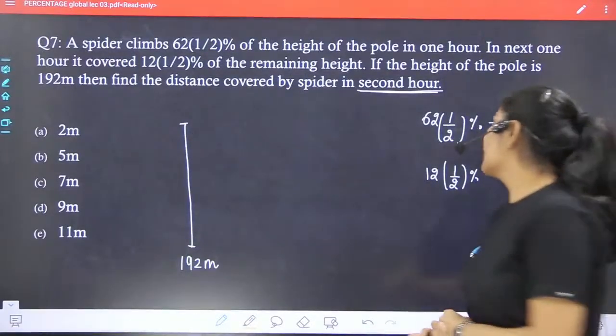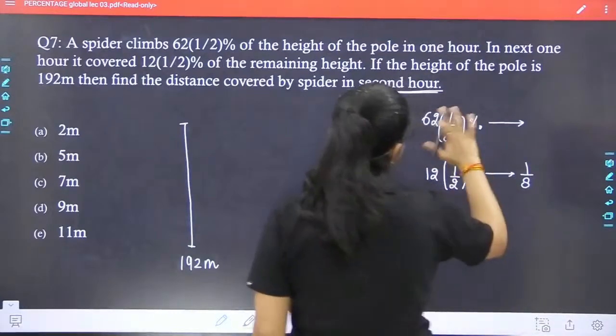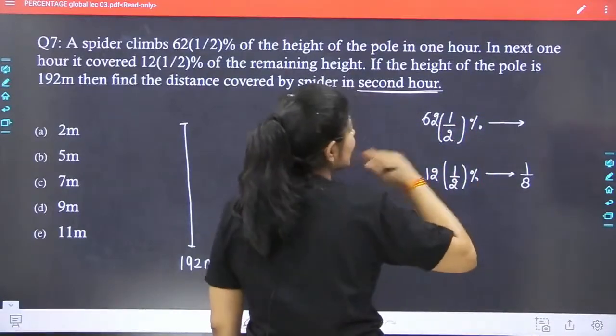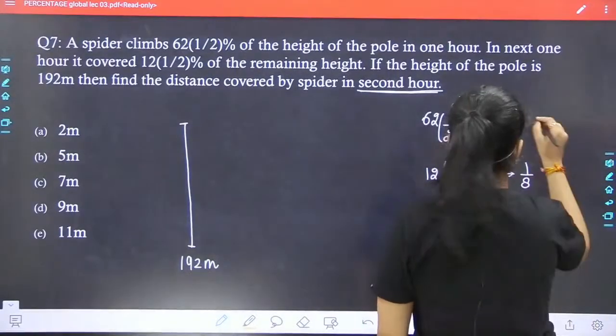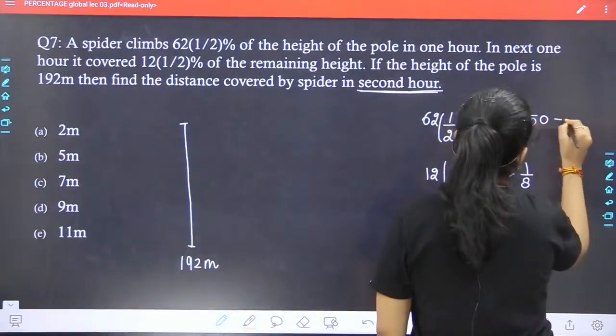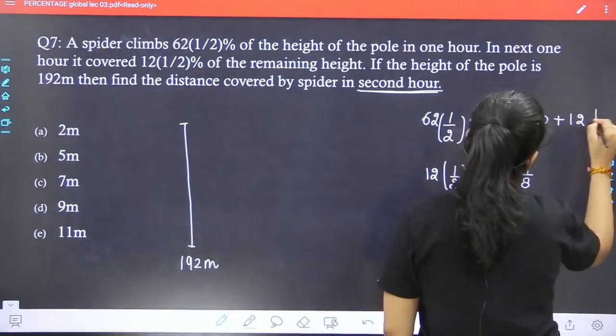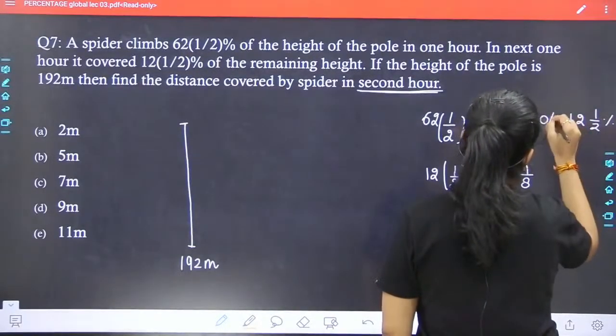Okay. If I break this value, I can simply write it as 50 plus 12 1 by 2%, right?